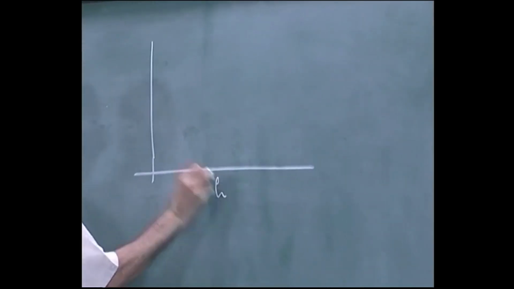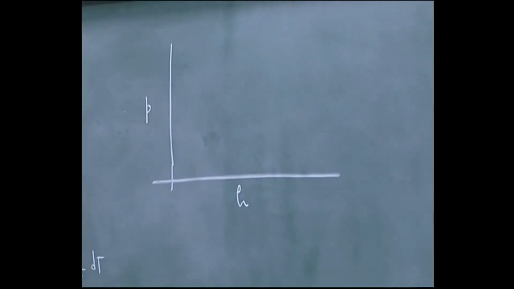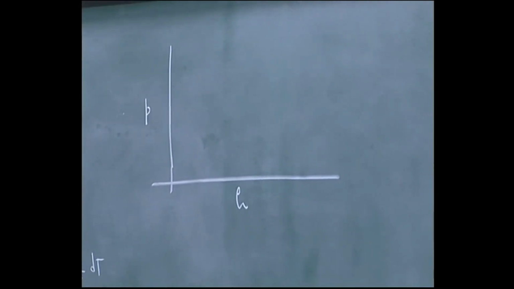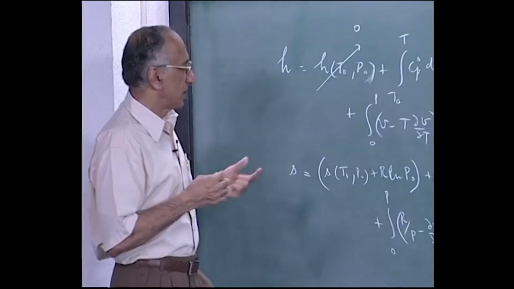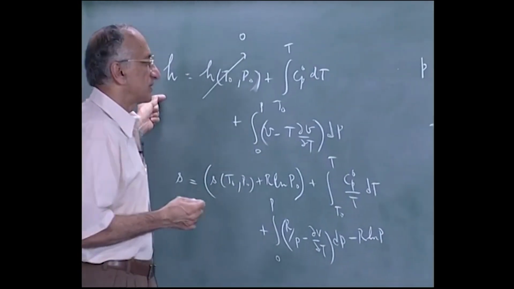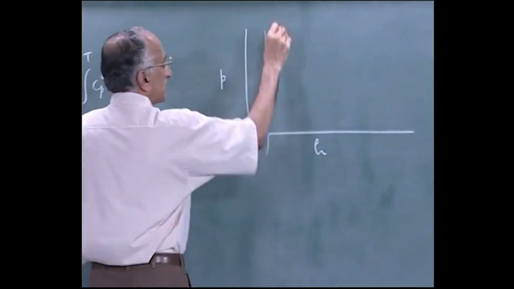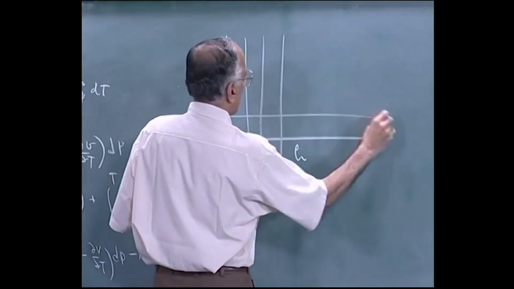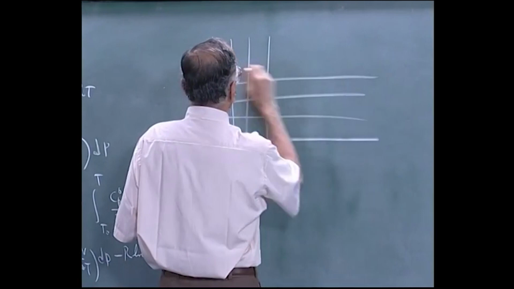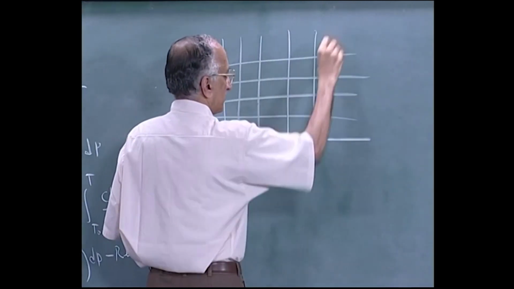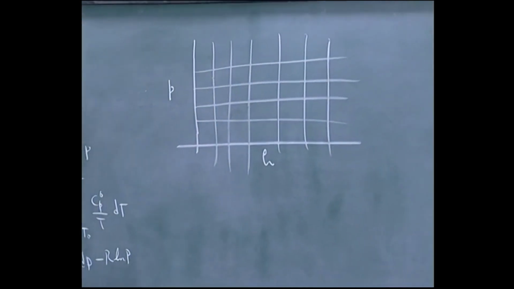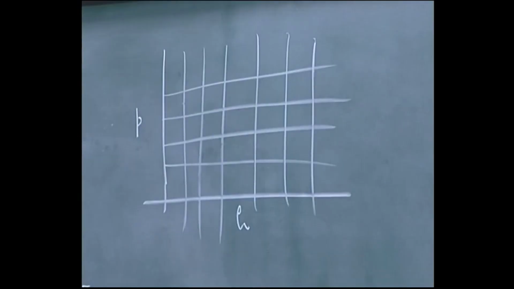If you plot enthalpy here, it is usually one intensive variable on the y axis, and clearly the isenthalpic lines are simply vertical lines and the isobaric lines are like this. Question is, what about the other lines?